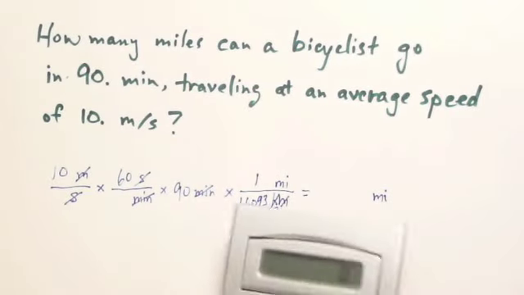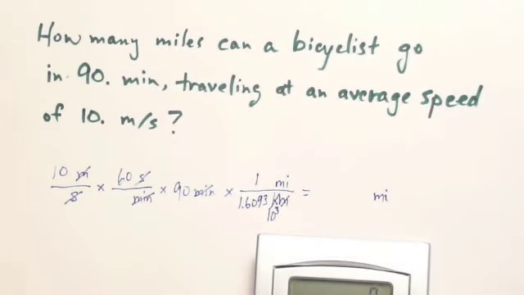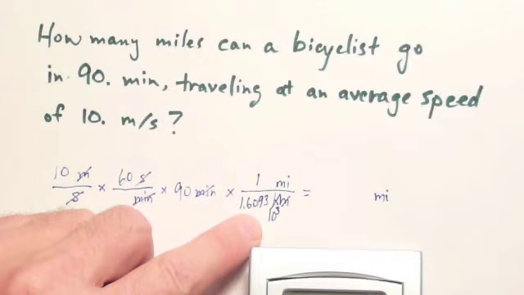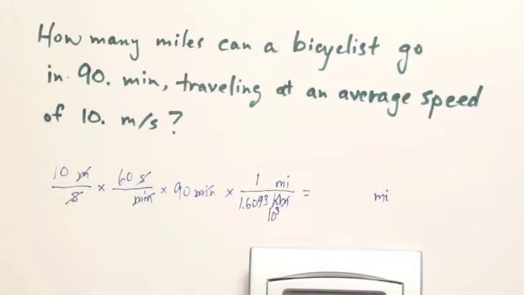Let's do the calculation. We have 10 times 60 times 90, divided by 1.6093, divided by 1,000, because 10 to the 3 is 1,000.